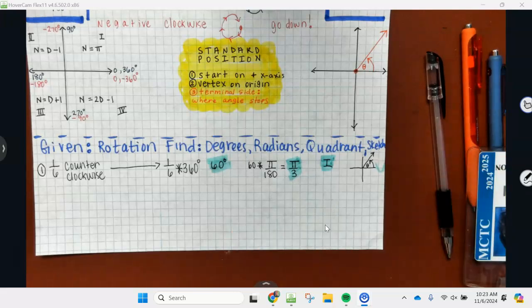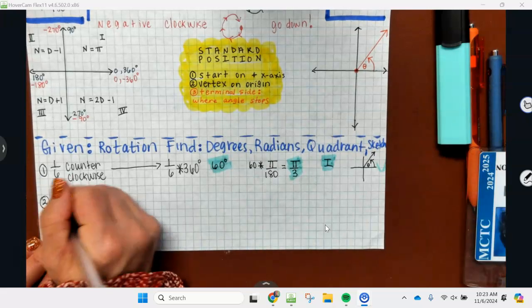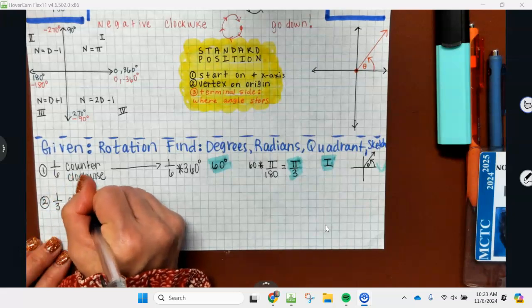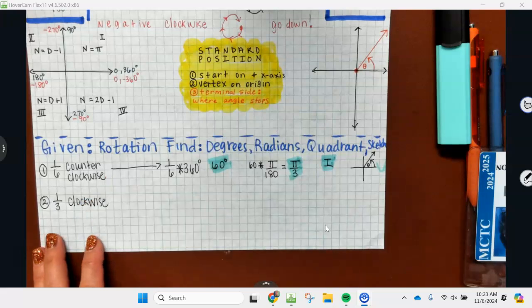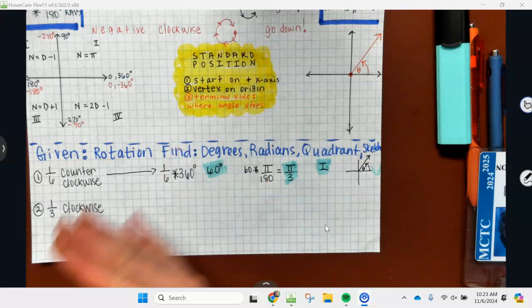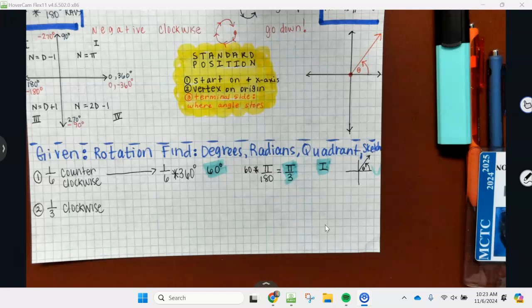Let's do it again. Let's do number 2 now. Let's do 1/3 in a clockwise rotation. All right, look. Clockwise, you go down. It is a negative angle. The rotation is negative.